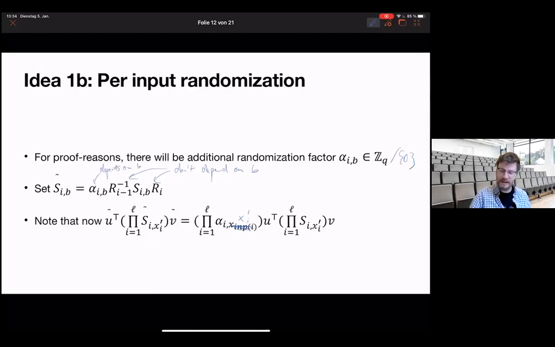Then if we evaluate this, let's say, it is the evaluation as before.